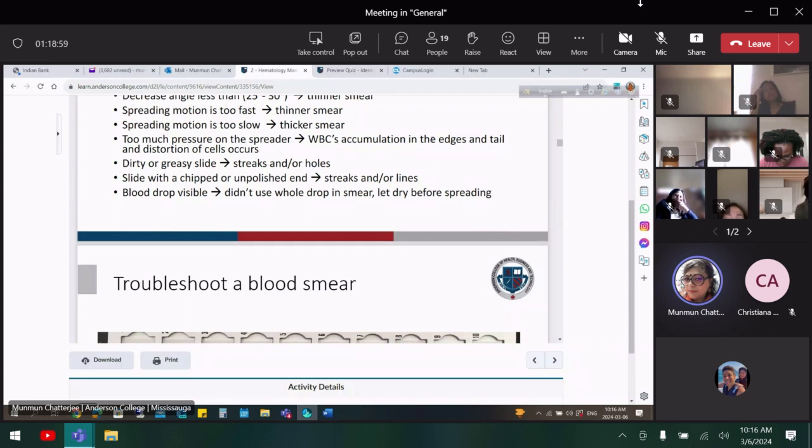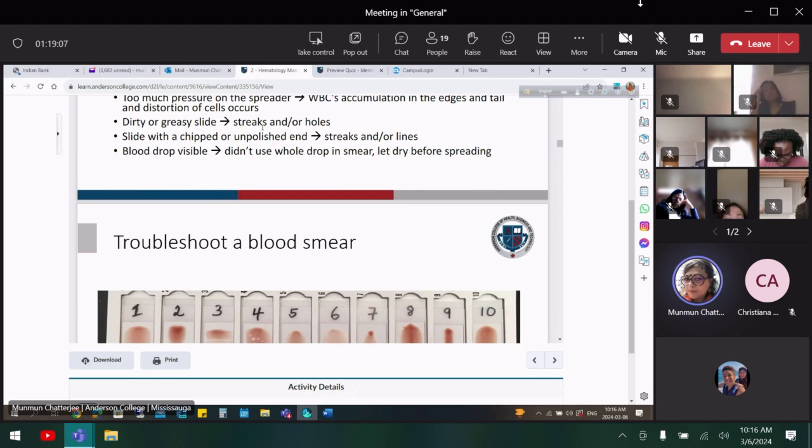WBC accumulation in the edges and tail and distortion of the cells occur. Dirty, greasy slide, streaks and holes. Slide with a chipped or unpolished end, streaks or lines. Blood drop visible, did not use the whole drop in the smear. Let dry before spreading.